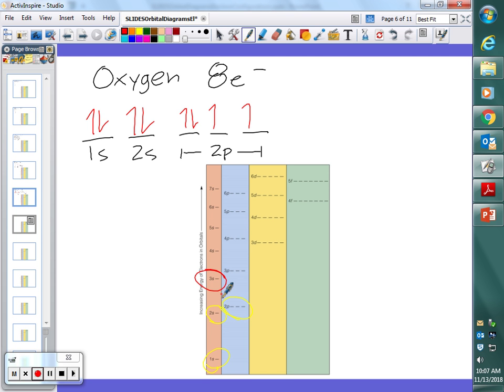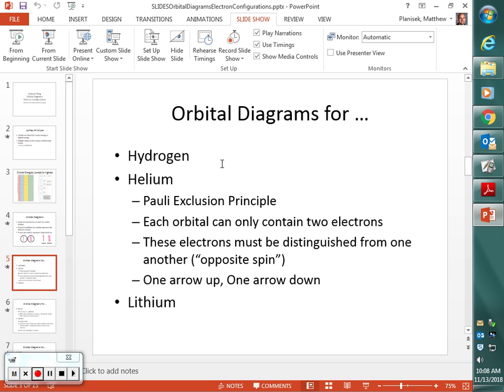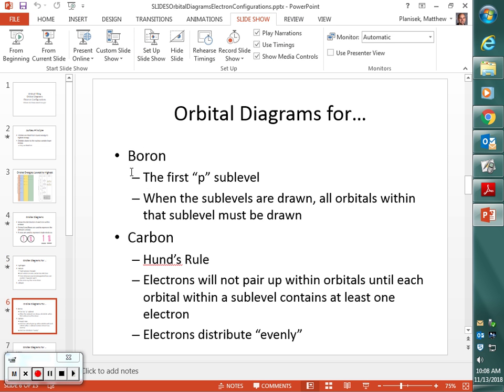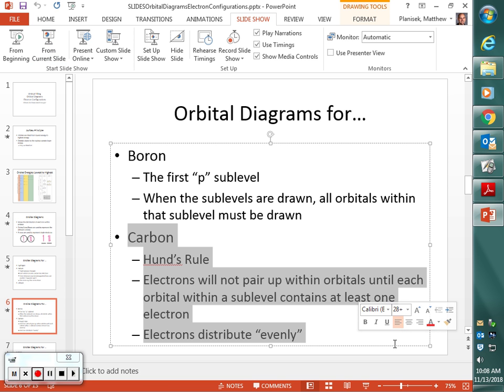Okay, but before we jump up on the chart, we still have to fill all of these electrons. We call that idea Hund's rule.